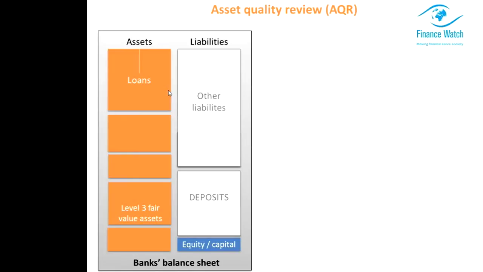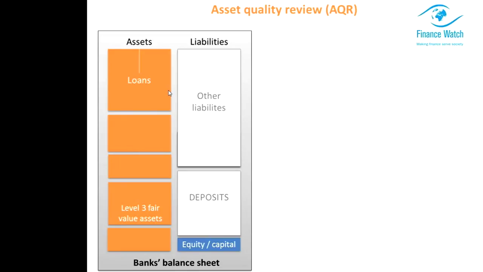And level 3 fair value assets are mainly financial assets, like securities or derivatives, which should be accounted for at fair value. But the problem is that there is no observable market price derived from an active market for them, so the fair value cannot be taken from the market.